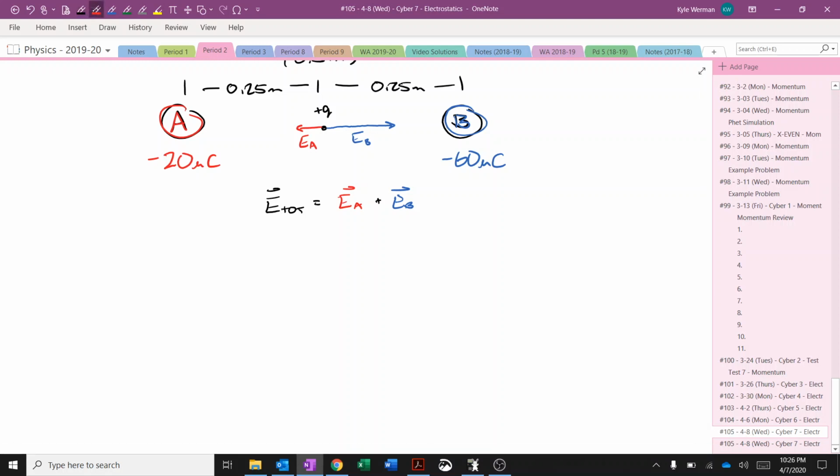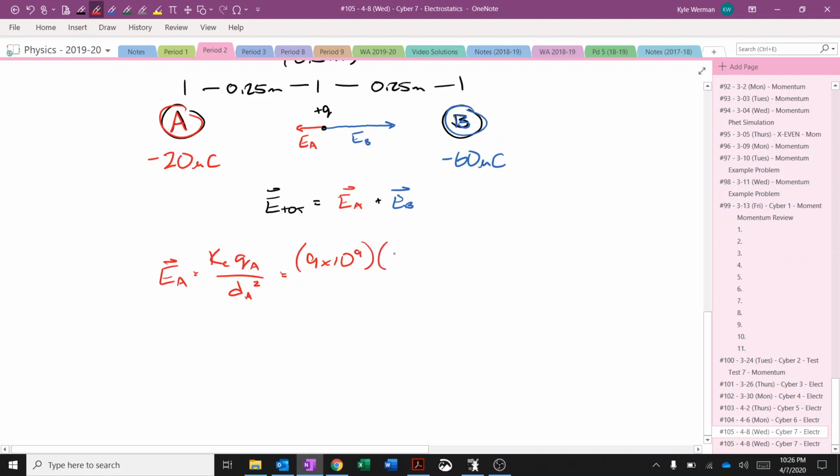And so what we need to do is figure out the magnitudes of each of these, and that's what that equation does. So the field strength of A is just equal to Coulomb's constant times the charge of A all over the distance from the test charge to A squared. And I can plug in my numbers. Kc, the Coulomb's constant, is always 9 times 10 to the 9 Newton meter squared per Coulomb squared.